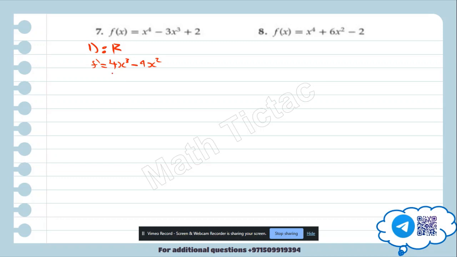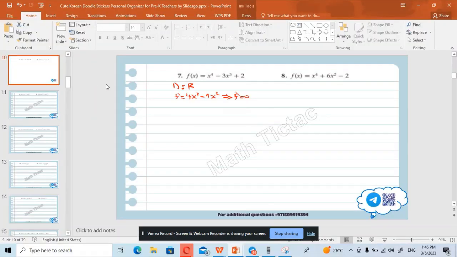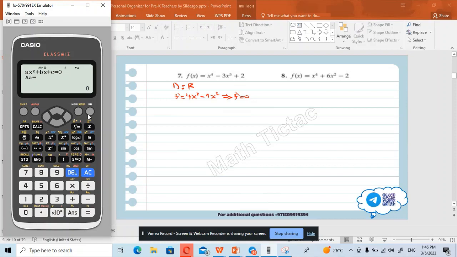Okay, so now making the derivative equal to 0, and let's say if I want to solve this using the calculator, then I will go to menu, then equation, then polynomial.